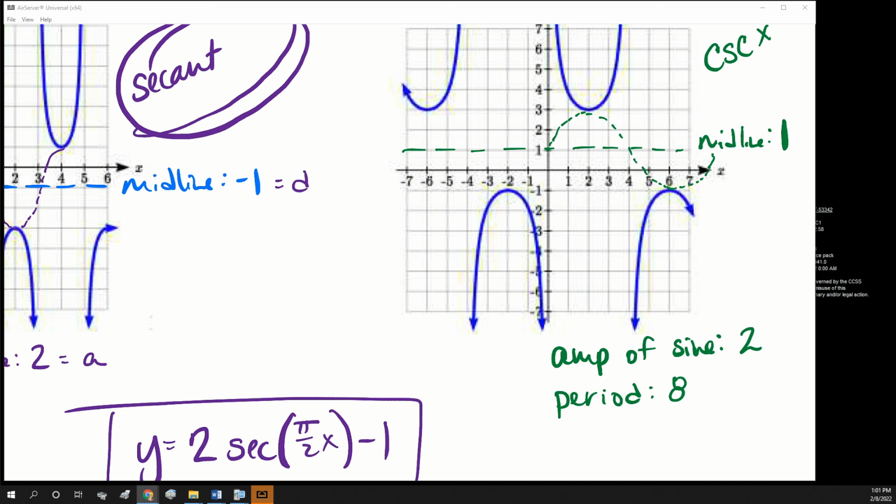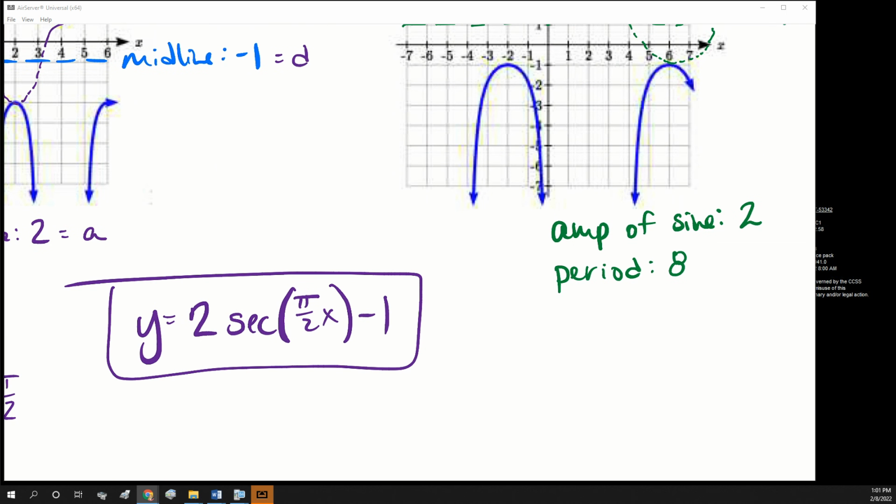Sometimes they put these on the ACT where you don't see the whole period, but the choices are obvious which one it has to be. Like there will be some that there's no way the period can be that small, and so you'll just pick the one that looks right, or you can pick out half a period and double it. Okay, so let's figure out what B is. They do like to throw in the actual sine curve or like you have the equation and ask what the period is.